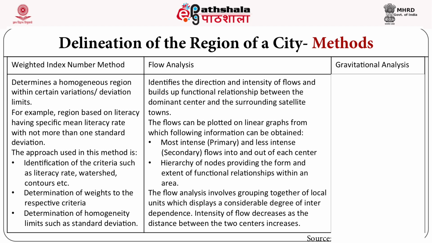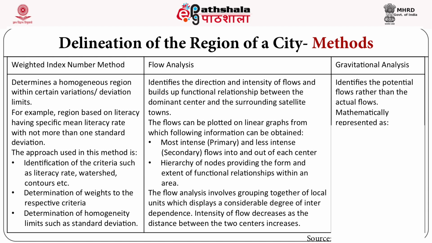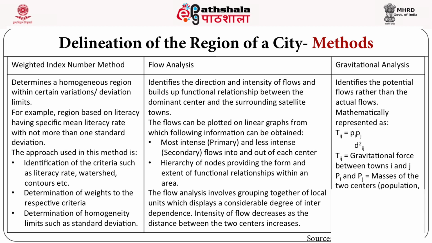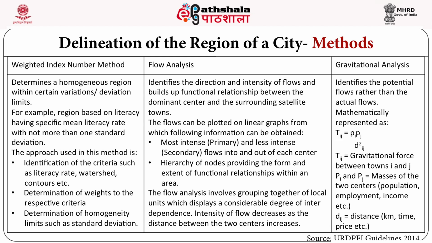And the gravitational analysis identifies the potential flows rather than the actual flows, and it is mathematically represented, where we see that it is about the gravitational force between the towns, which is related to the population, the employment, and the income characteristics of these two centers we are talking of, and the distance.